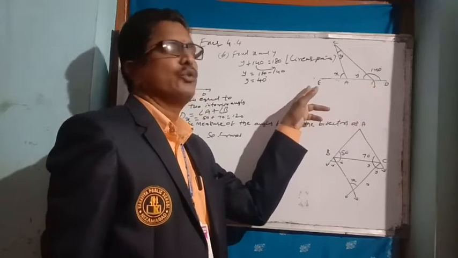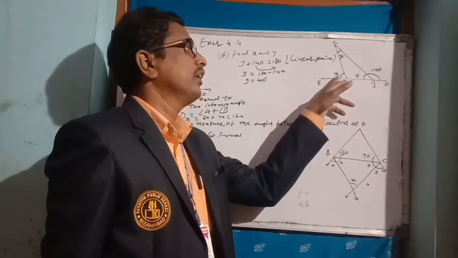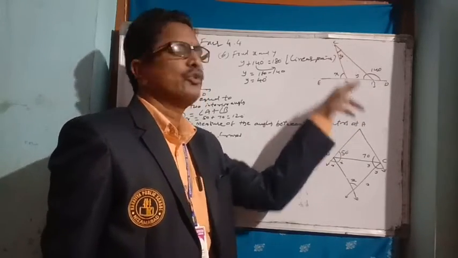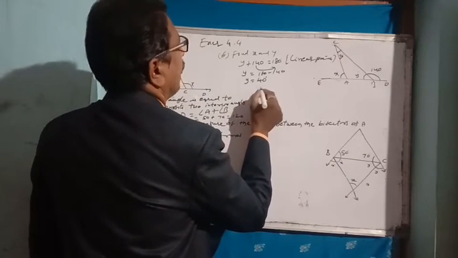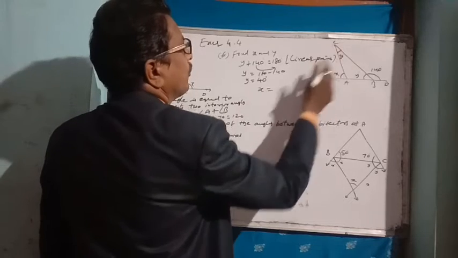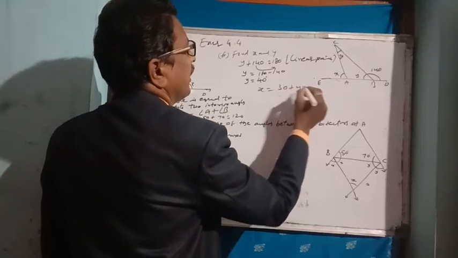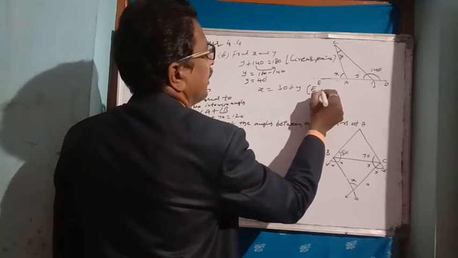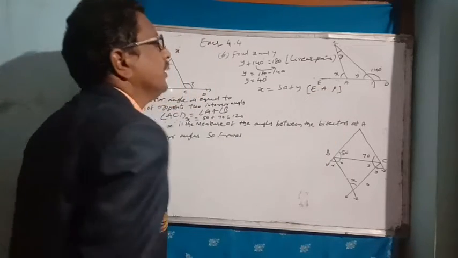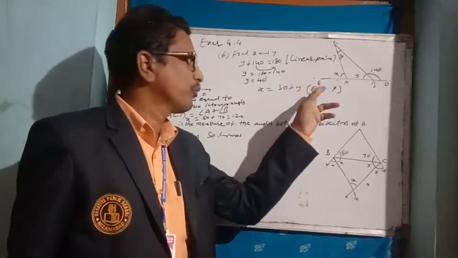When BA is produced to a point, this is the exterior angle. Exterior angle is equal to the sum of the opposite interior angles. So here X is equal to 30 plus Y. This is the exterior angle property, EAP.